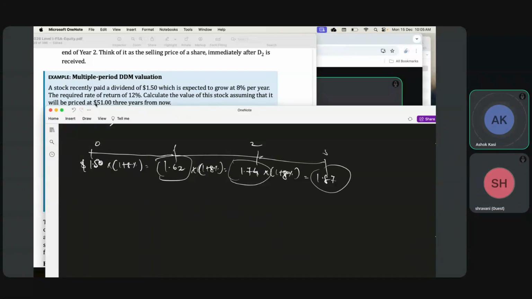And after 3 years, it will be sold for 51. So that means this is 52.87. These are the cash flows.